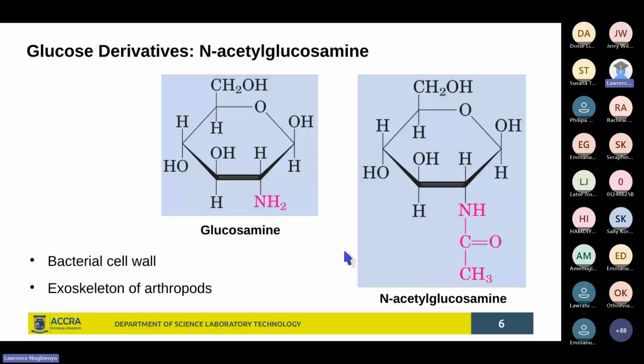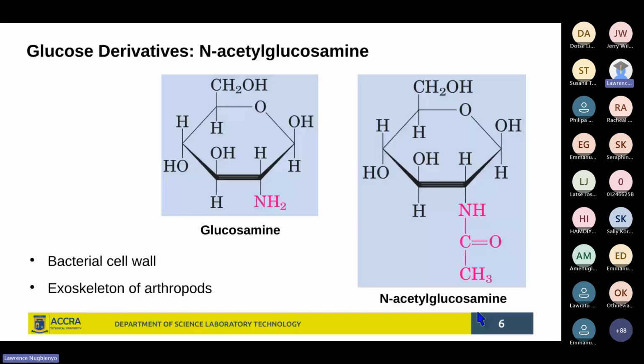We'll look at it further when we go to the next derivative, because N-acetylglucosamine forms what we call a heteropolysaccharide, a polysaccharide formed from different monosaccharides.